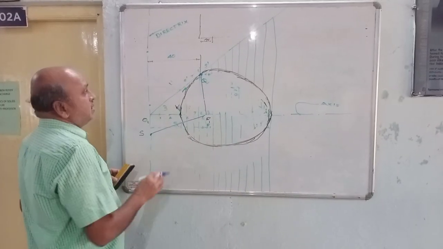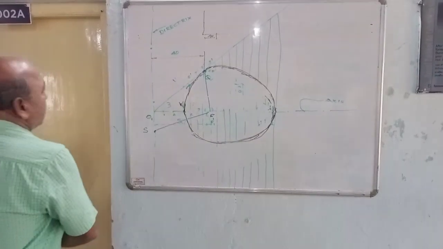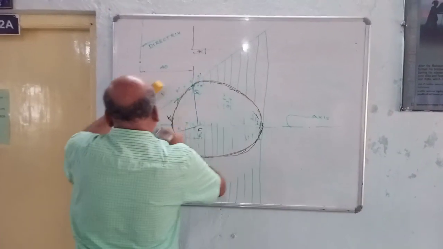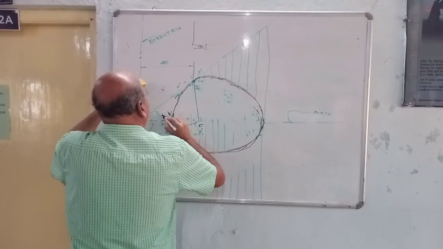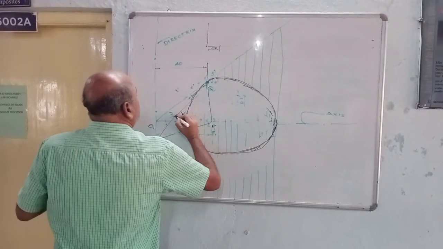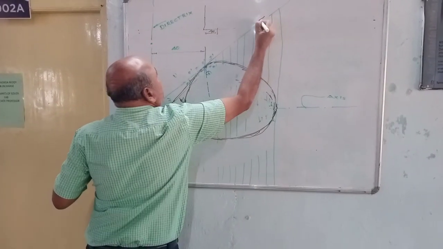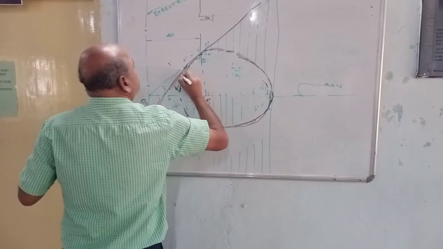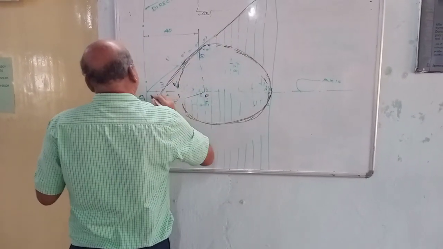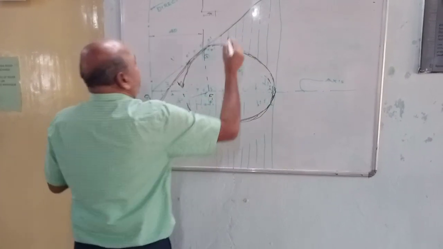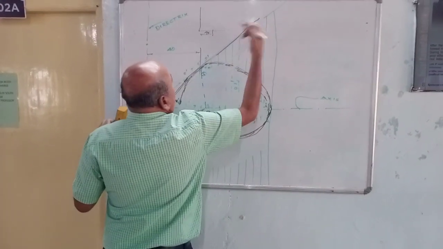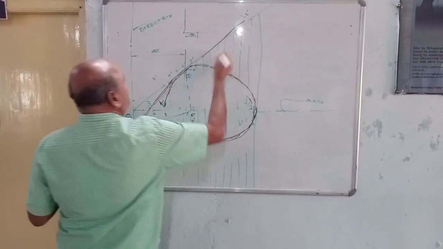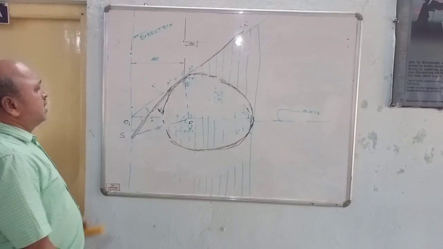Now what do we have to do? To draw the tangent, join S to Q. S we already have, and Q we have. Join it with a thick line. This line passing through S is the tangent. Let us say it is S and W. What is SW? It is the tangent. How do we draw it?